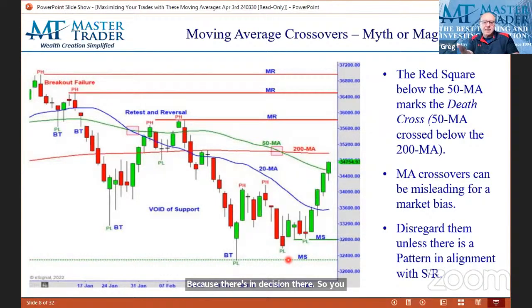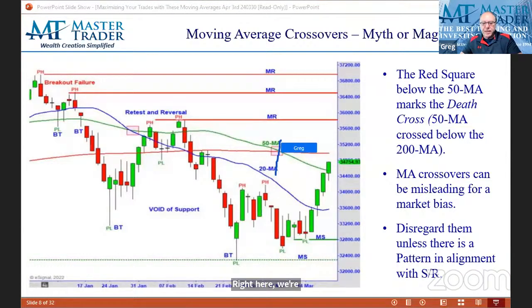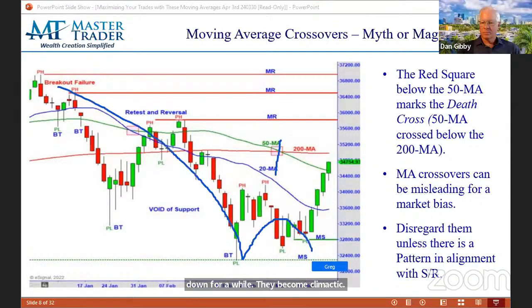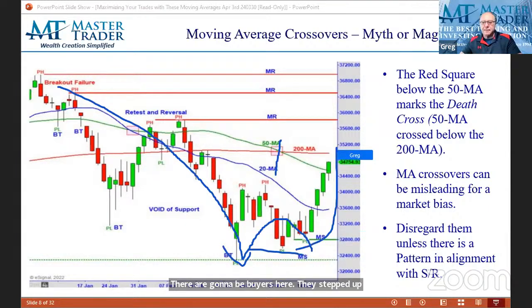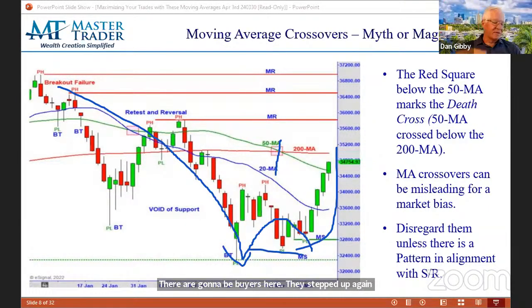And in this case, here was this death cross right here, where it crossed under. Prices have been moving down for a while. They became climactic. Now there's a retest. There are going to be buyers here. They stepped up again and up it went. So this is significantly different than the contracting breakdown that we just talked about.